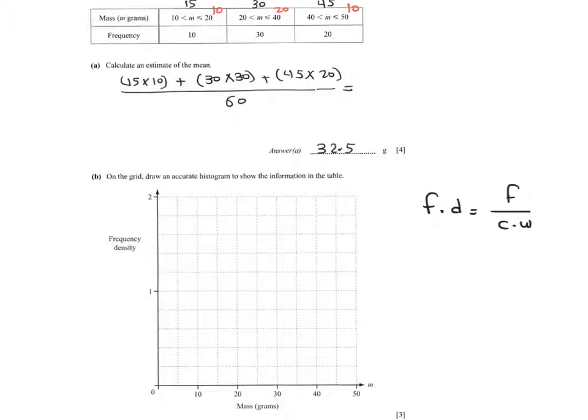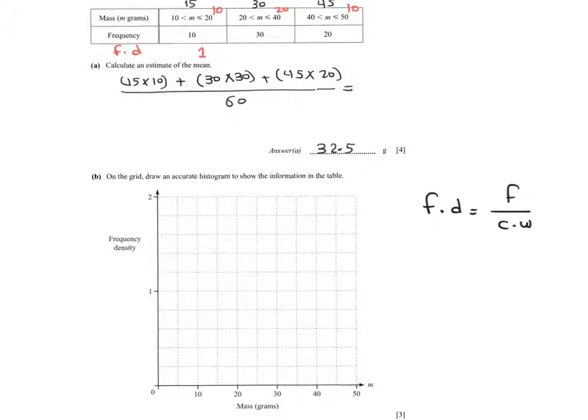After you find the class width, you can find the frequency density for each one. Now the frequency density for the first group: 10 divided by 10 equals 1. So the height of the first rectangle equals 1.